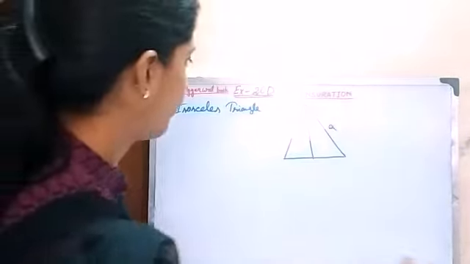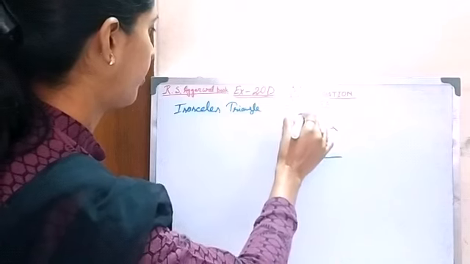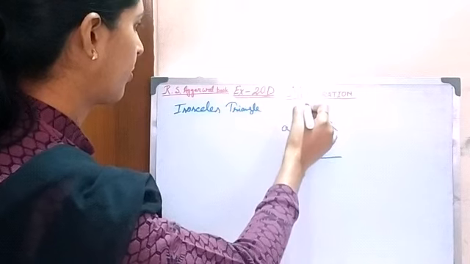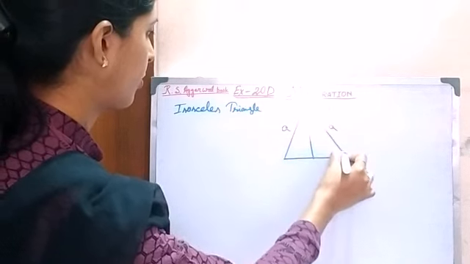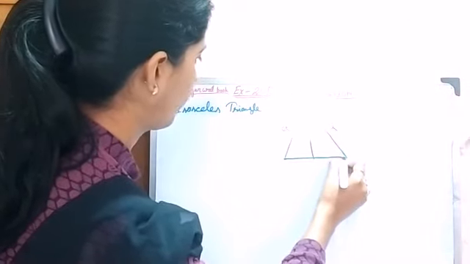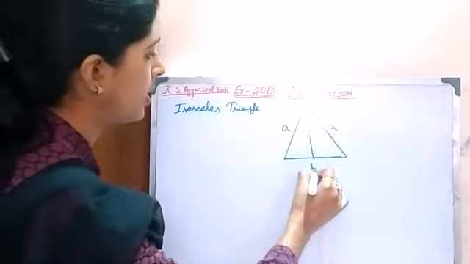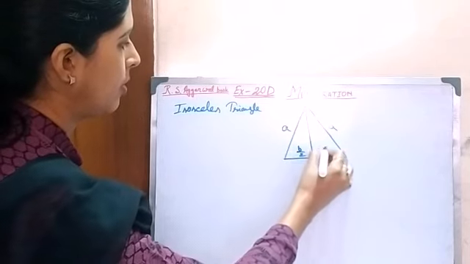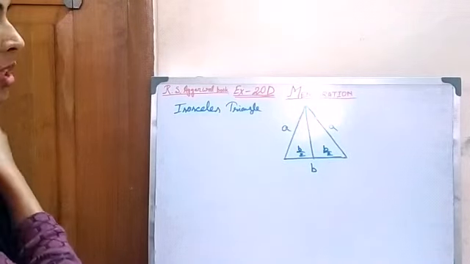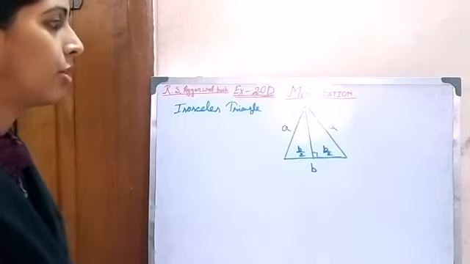Suppose this is an isosceles triangle. This base is B. So this is b by 2, this is b by 2. Now we will apply Pythagoras theorem to find out the height. Here this is right angle, that's why we can apply Pythagoras theorem.